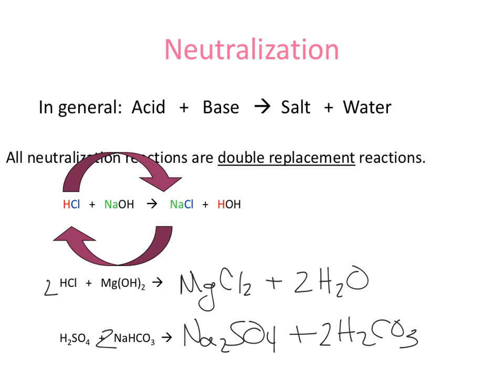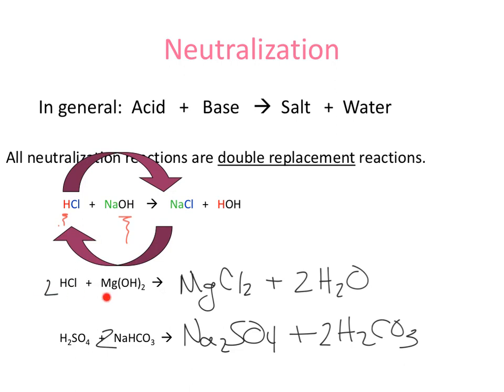So we are going to talk a little bit more about neutralization when it comes to molarities. The important thing is that the moles of hydrogen ion and the moles of hydroxide ion have to be equal so they can completely neutralize each other. So in this, if we had 1 mole of HCl, we would also need 1 mole of sodium hydroxide.